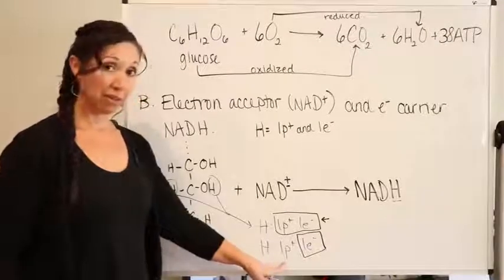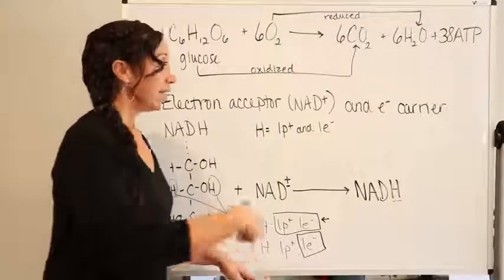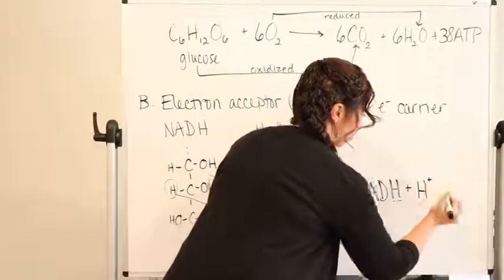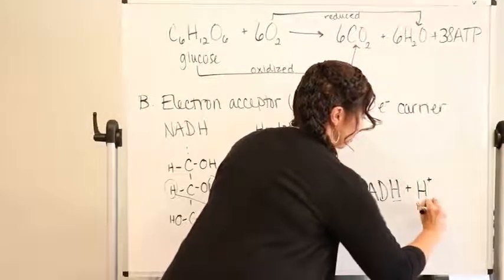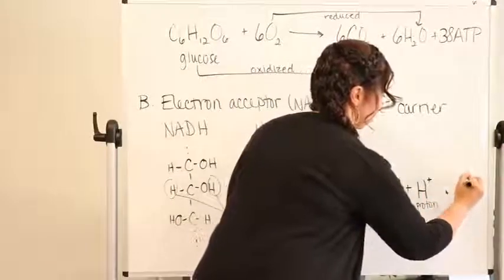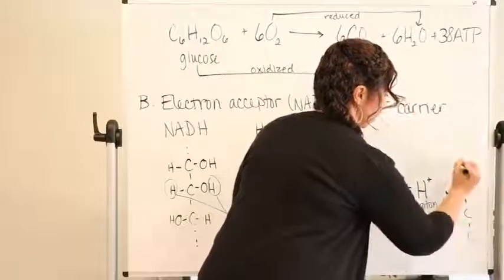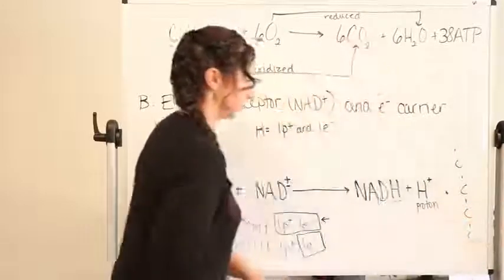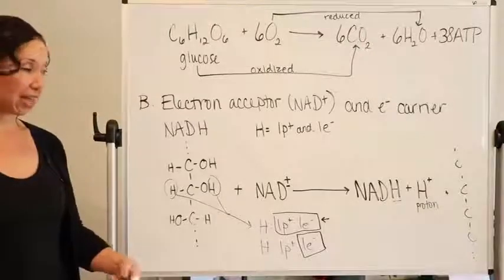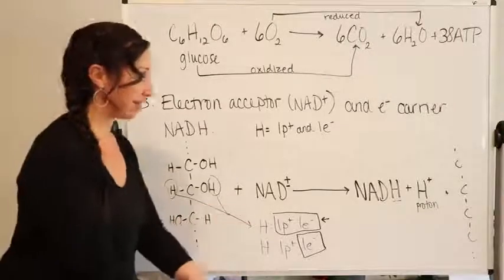That extra proton that never gets used up gets made as another product. So now you have an extra proton, and you also have whatever's left over of the organic molecule that you were working with. That's how NAD plus becomes NADH.